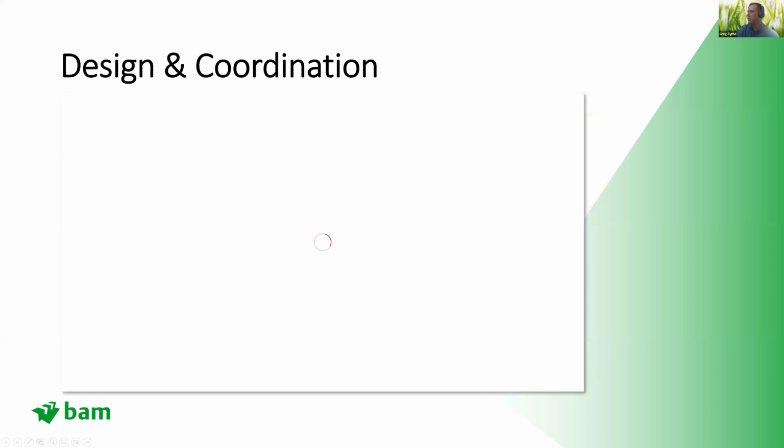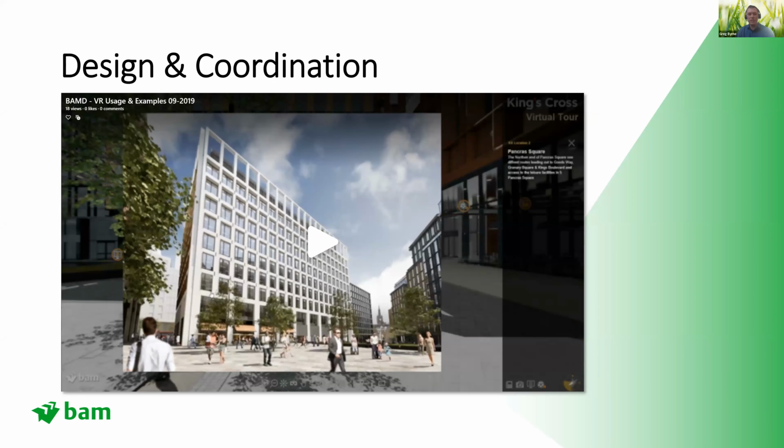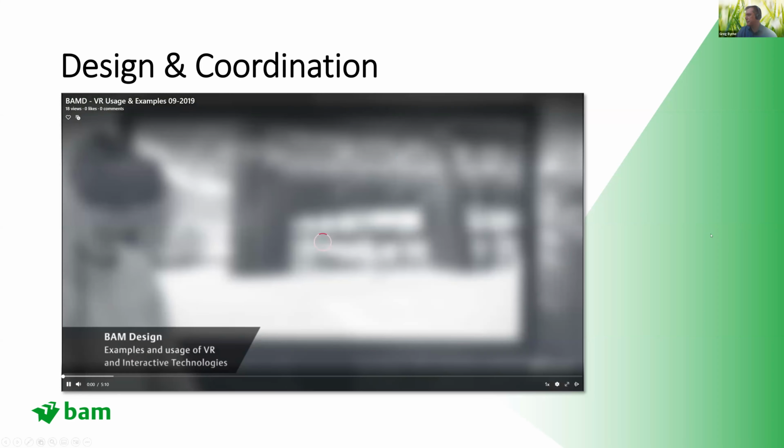So the obvious example is design and coordination around AR and VR. It is one of those go-tos that we've used for years, very beneficial. And a lot of architects would use this in terms of conveying the intent of a design to a client, or even within coordination within the construction phase. It's very useful to be able to see it in 3D, bring in expertise, especially people on the ground that may not be using technology, to put on the headset and allow for coordination.